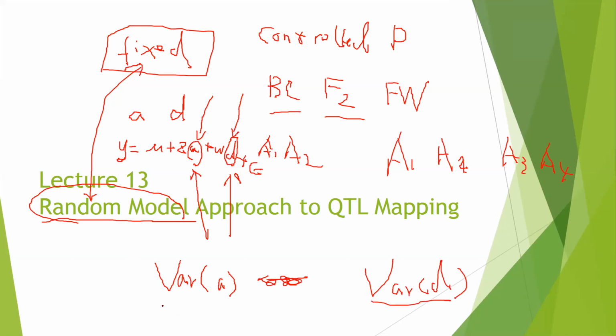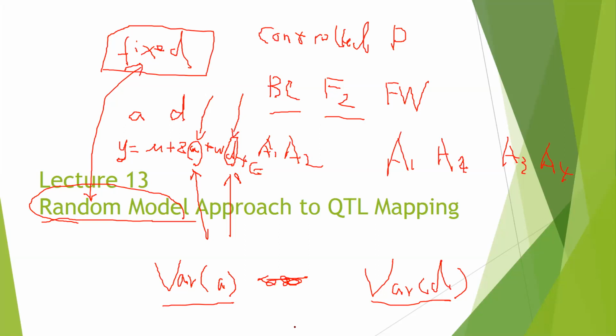So in this case, we do not have to estimate too many parameters. We only need to estimate one parameter for the additive effects at this locus, and another parameter, the variance of the dominant effect at this locus.